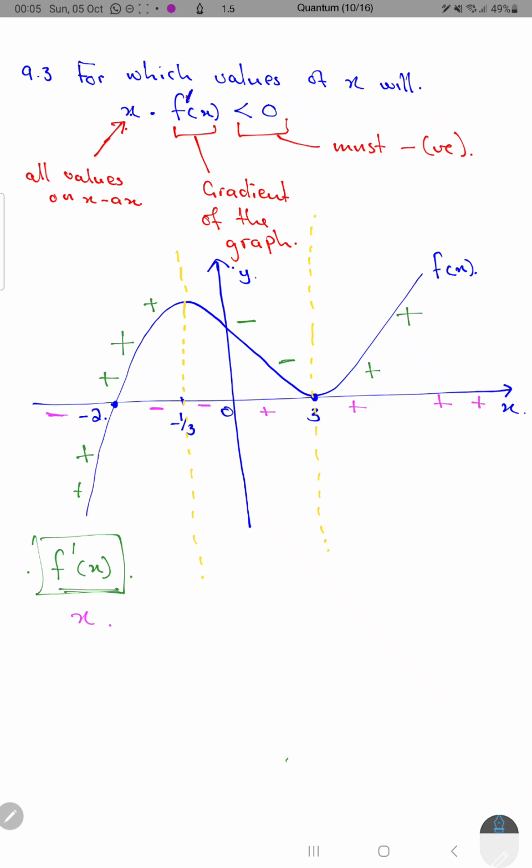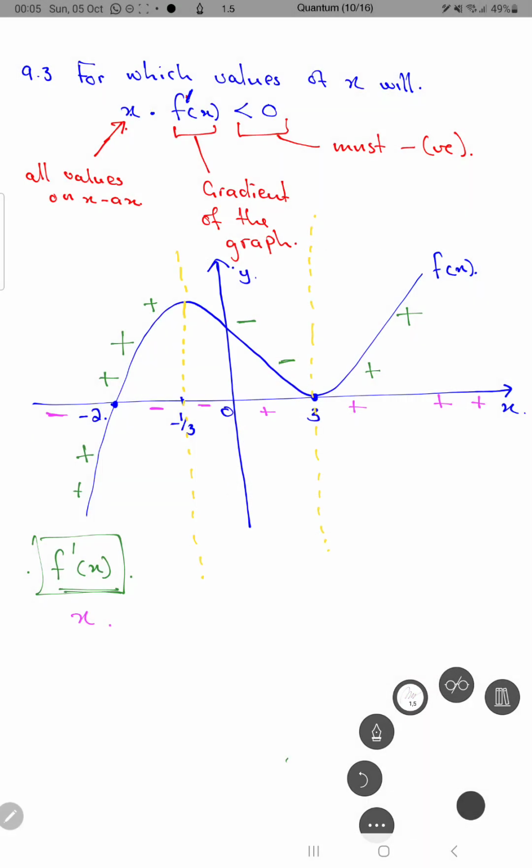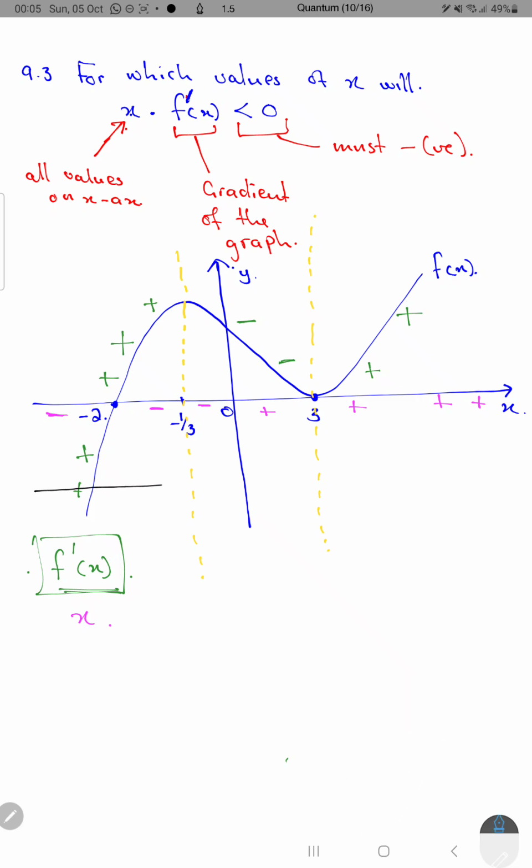Let's look at how our graph is divided. Now we can use black for our final. If we move from here to there, and also from here to there, something is changing. We only consider sections that change in sign.